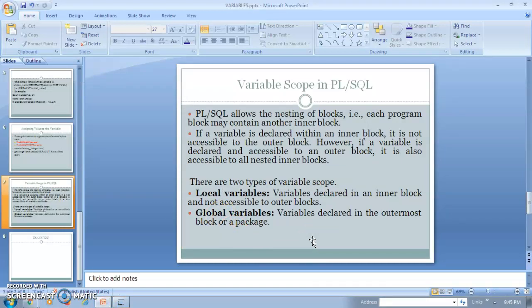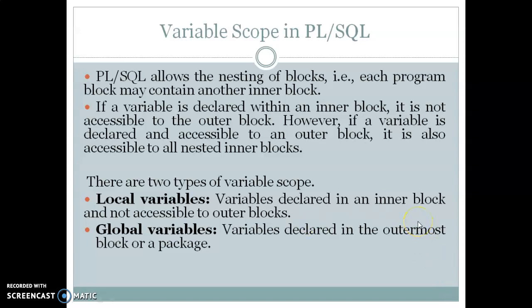Now after assigning a value, what will be the scope of a variable? If you are using a variable in a block or outside the block, how can you define the scope, or how will you know that this is the variable within the scope or this is out of the scope? So PL/SQL allows the nesting of blocks, meaning we can define one block inside another block and then another block inside that block.